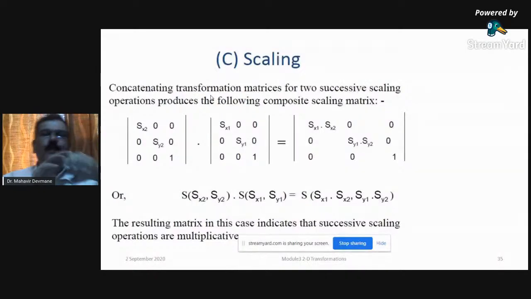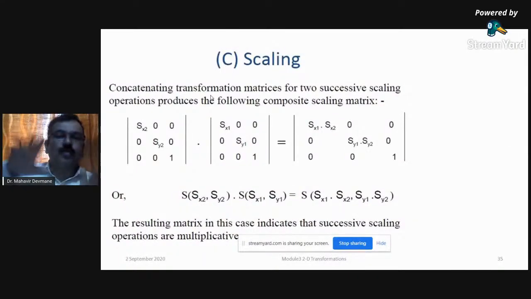When we perform two scalings, one scaling followed by another scaling, then it is multiplicative. Multiplicative means what? See, initially I have done scaling by 2 and afterwards I have done scaling by 3.